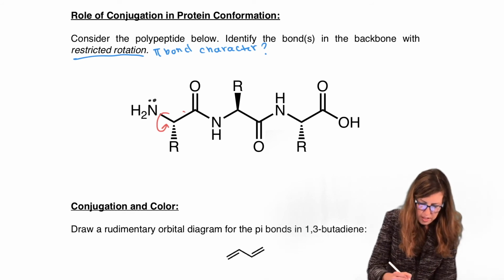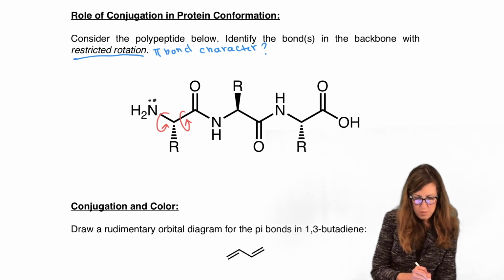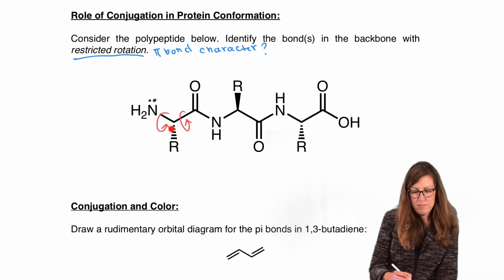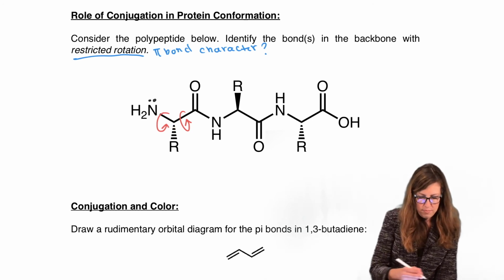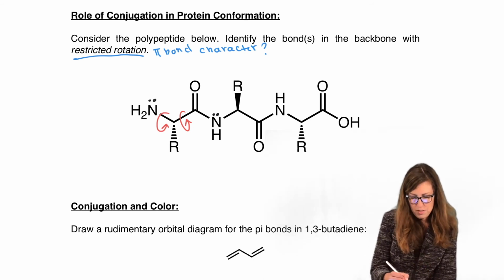Can we rotate here around that bond? Sure. These 2 atoms are not conjugated to each other. Now think carefully about the next one. The amide peptide linkage. Notice that you could do this move, delocalize the electrons.